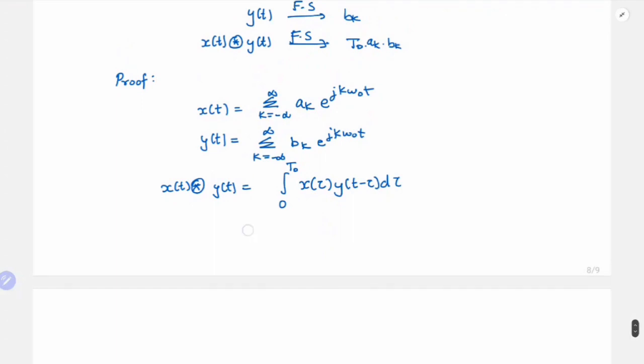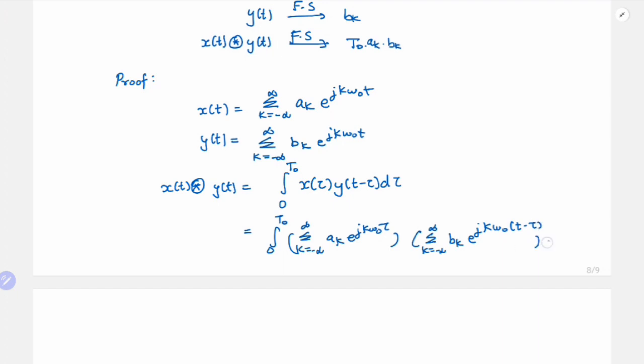And this is nothing but the integral 0 to t naught, summation k equal to minus infinity to infinity ak e power jk omega naught t into summation k equal to minus infinity to infinity bk e power jk omega naught into, this is tau, right? t minus tau d tau.